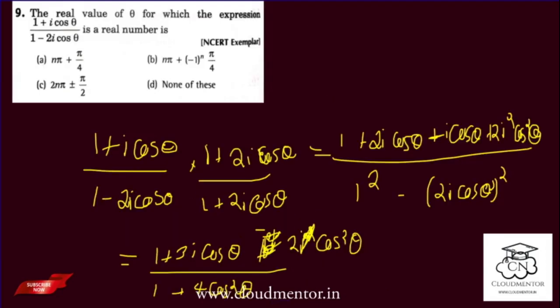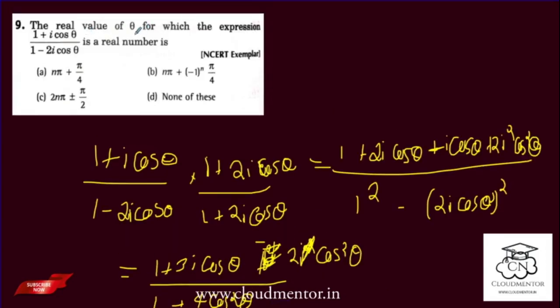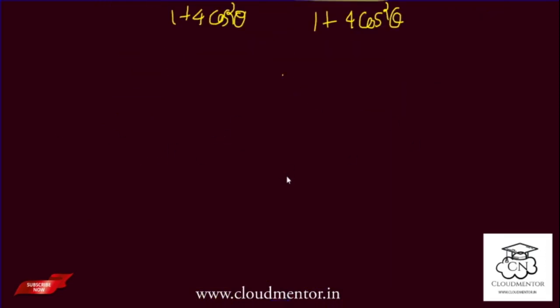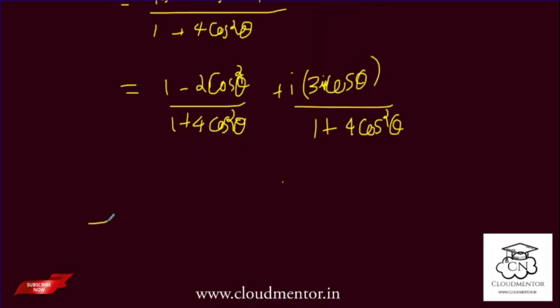Now it is said that the value of theta for which the expression is a real number. The expression must be a real number. So we have already done such a question before. So this imaginary part must be equal to 0.